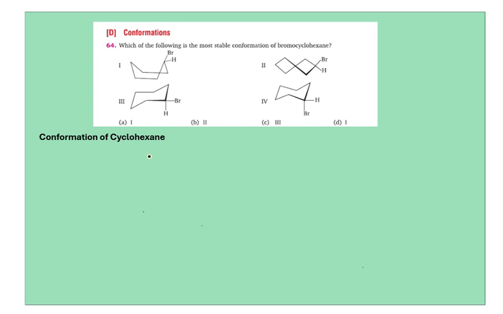If you don't know, then you can refer this video to understand the conformations of cyclohexane. What is conformation? You know that in alkane molecules, due to free rotation of carbon-carbon single bond, it forms different structures and we call them as conformations.